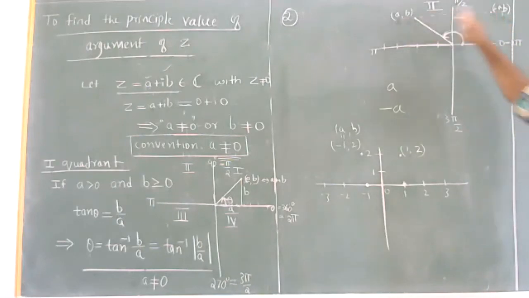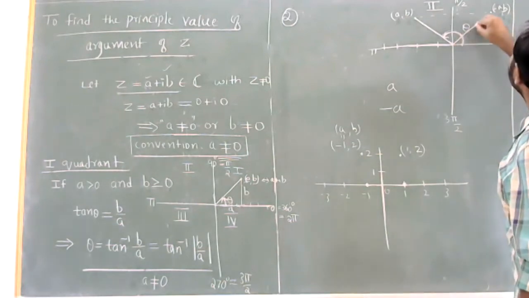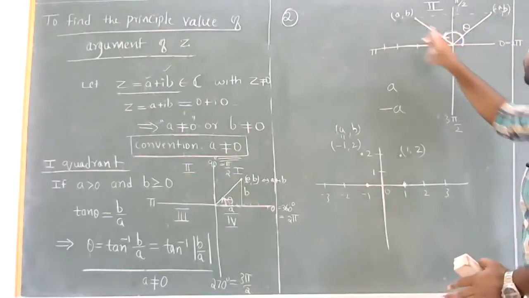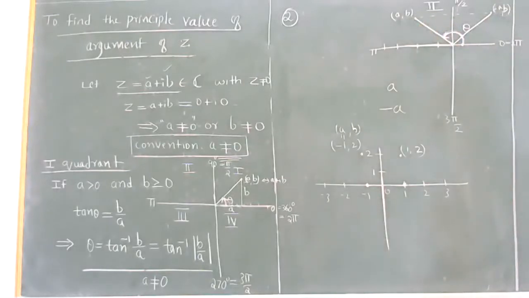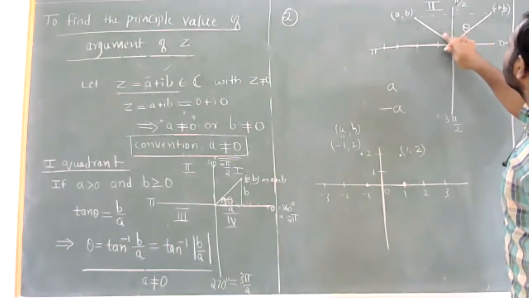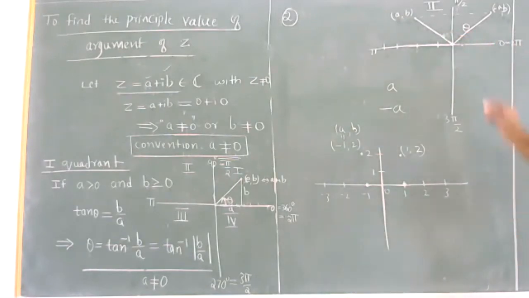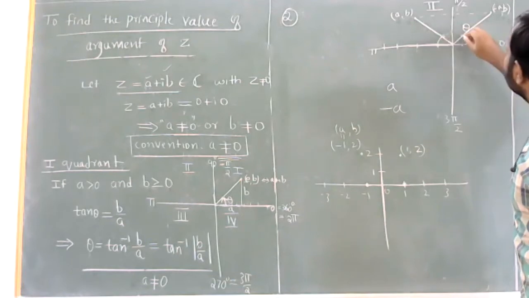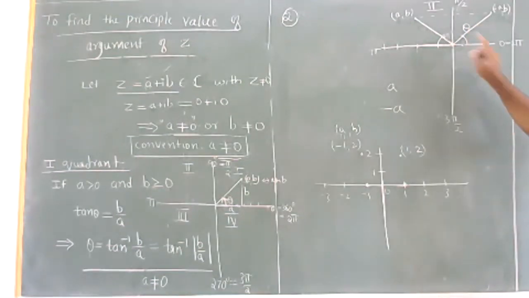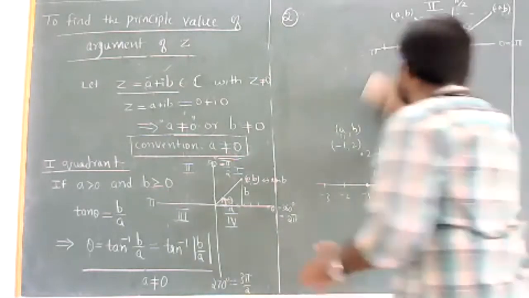As a is negative, minus a will be positive. Now the line. I have just taken the mirror image of this straight line. Right? Now as it is a mirror image, this angle will be equal to this angle.